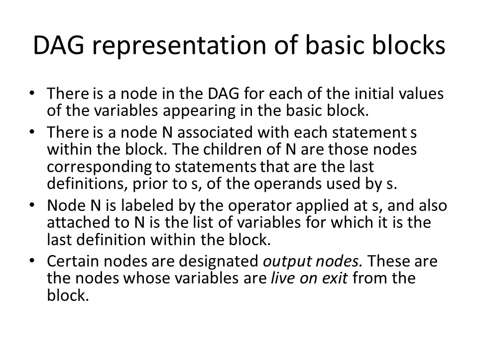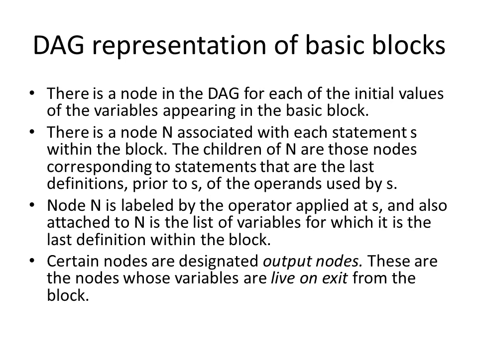And next topic is the DAG representation of basic blocks. DAG is nothing but directed acyclic graph. There is a node in the DAG for each of the initial values of the variables appearing in the basic block. There is a node N associated with each statement S within the block.